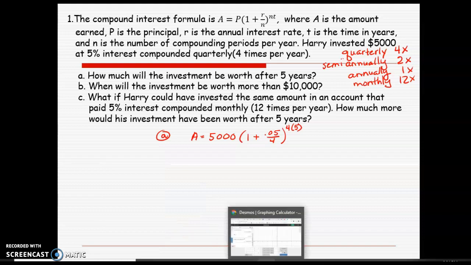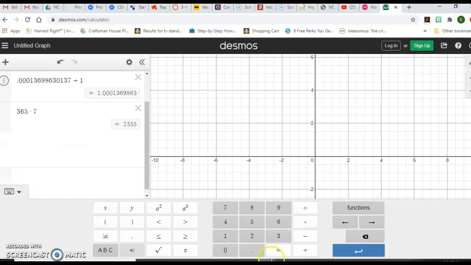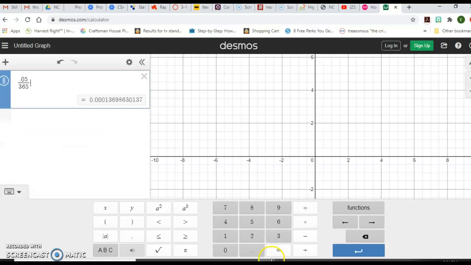We'll put it into the table. Y equals 5,000 times 1 plus 0.05 divided by 4.